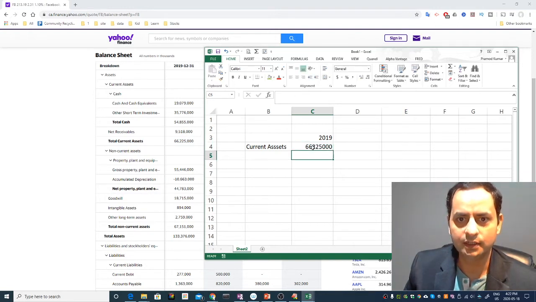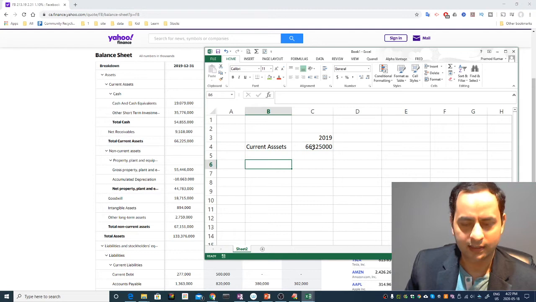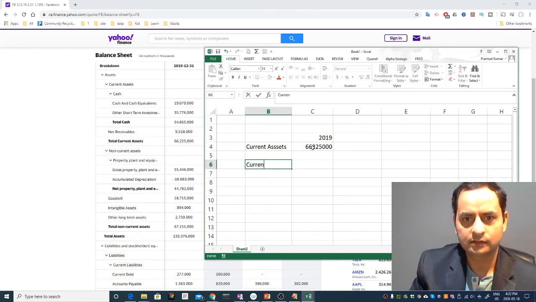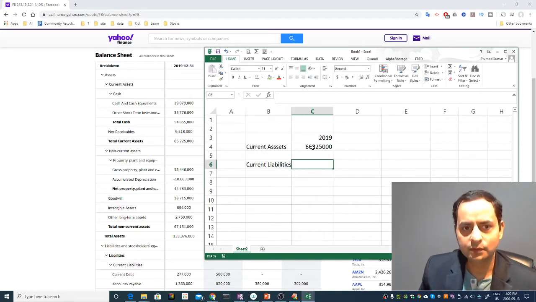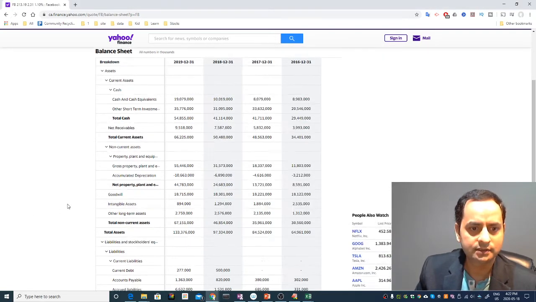These are actually in billions. And then I have current liabilities. First I will compute this ratio to show you how to compute it, which is straightforward.